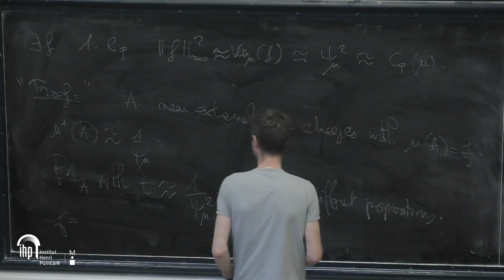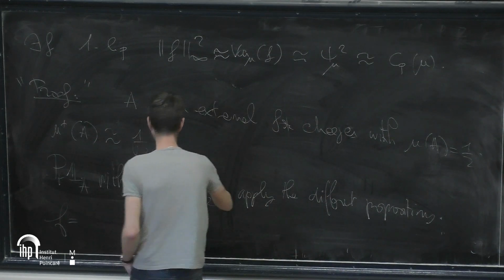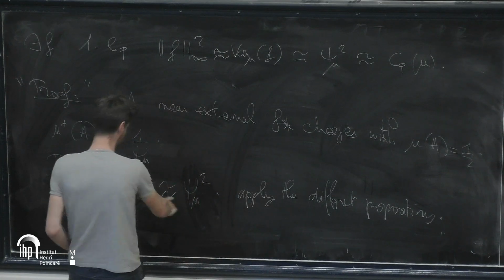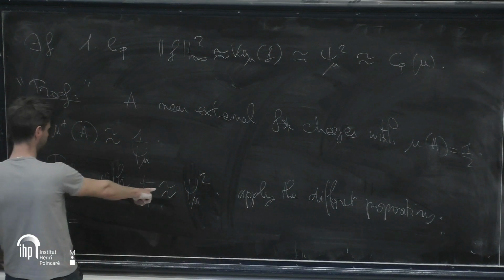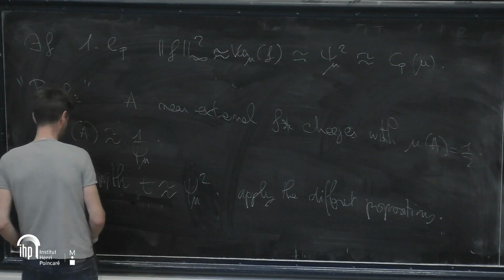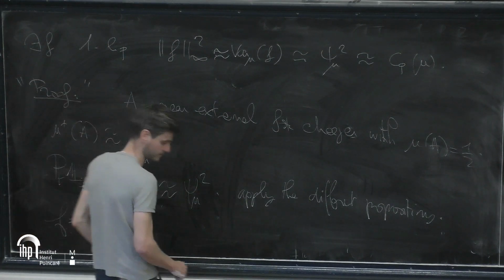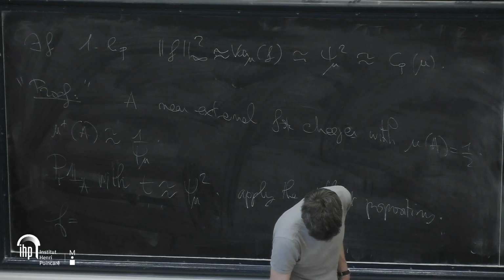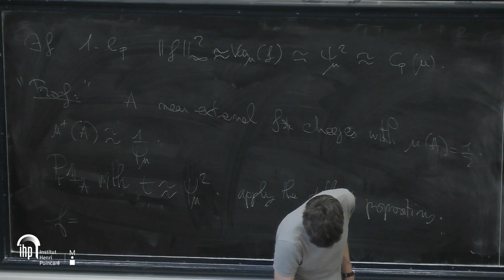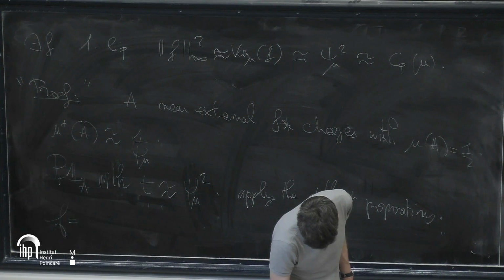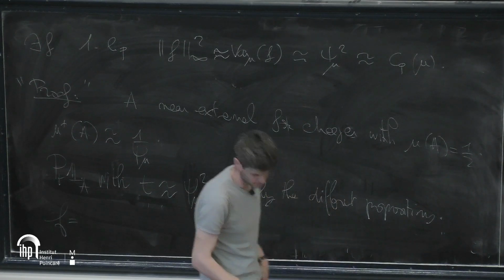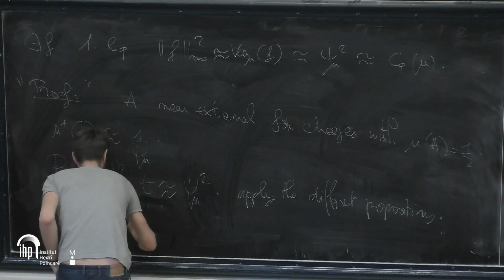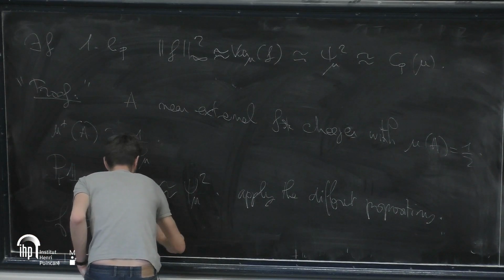No, sorry. Sorry, the T should be, yeah, I got it wrong. T should be of the order of psi of mu squared, and f should be more or less psi of mu times P_T 1_A.